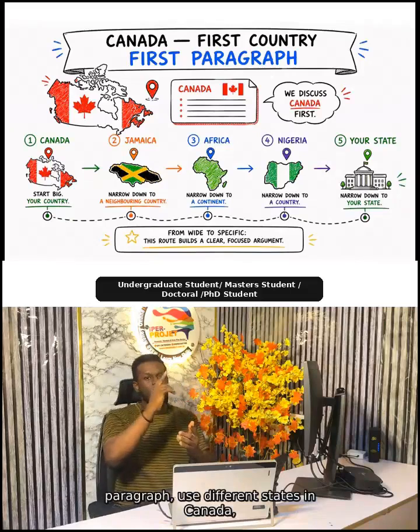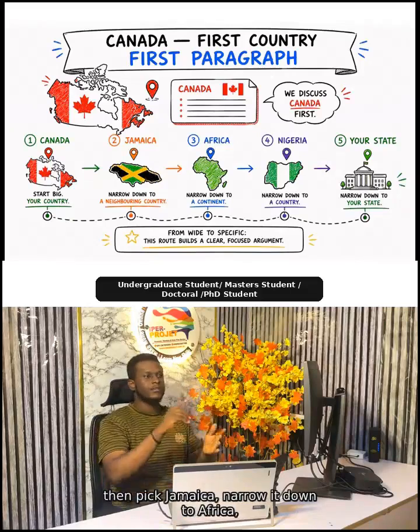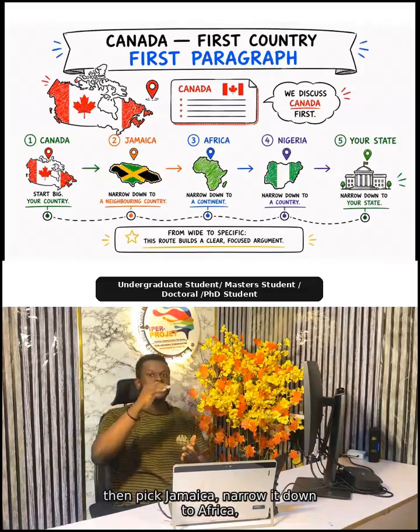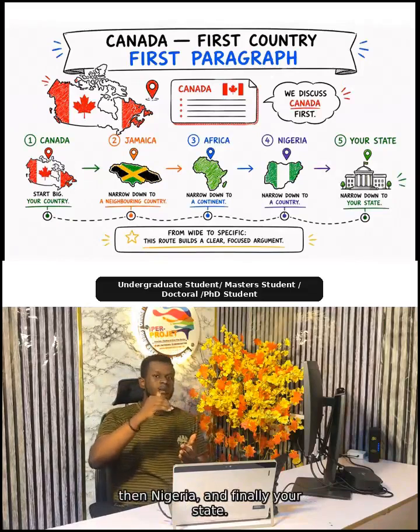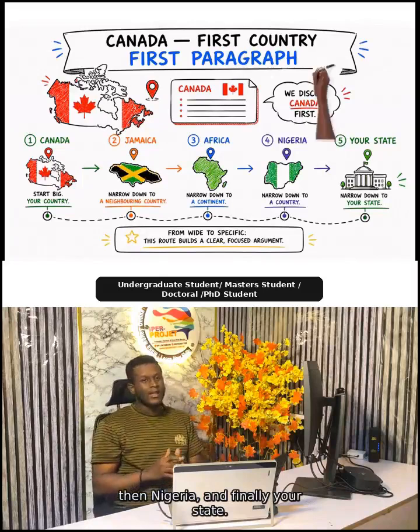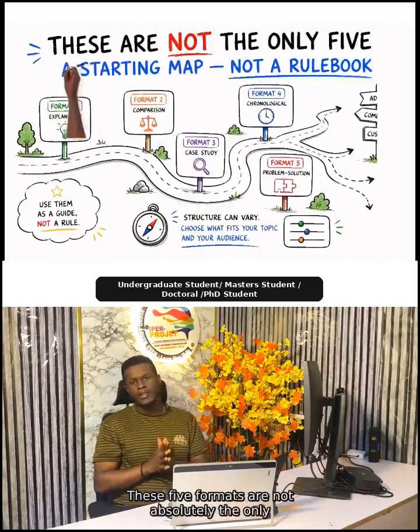Each of those countries you pick, you can pick Canada, you can pick Jamaica, you are going to narrow it down to Africa, then narrow it down to Nigeria, then narrow it down to your states. That is the difference with this last format I just gave you.